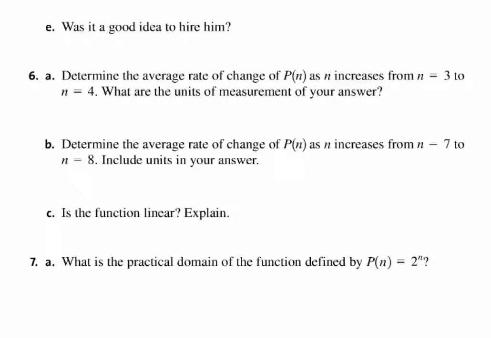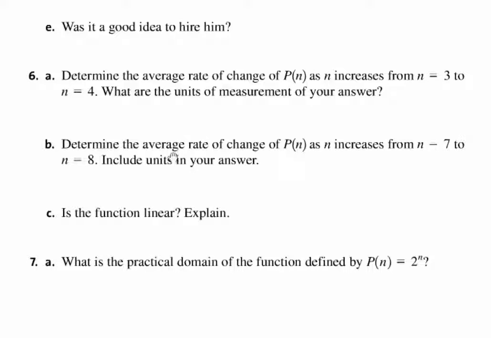Next, we're asked to calculate the average rate of change. Now, you remember the average rate of change is the slope, which was y2 minus y1 over x2 minus x1, or we could say the change in the output over the change in the input. So we have two calculations here.